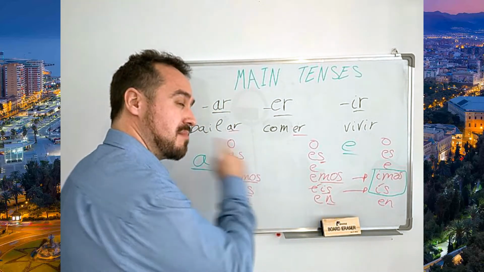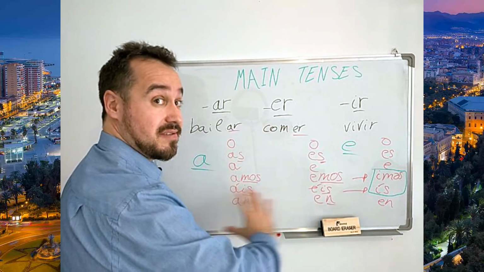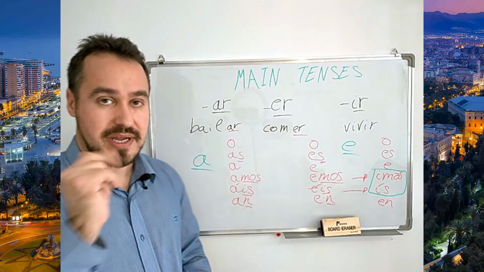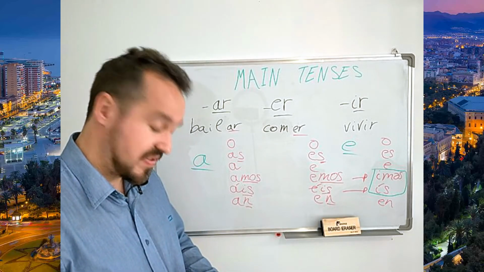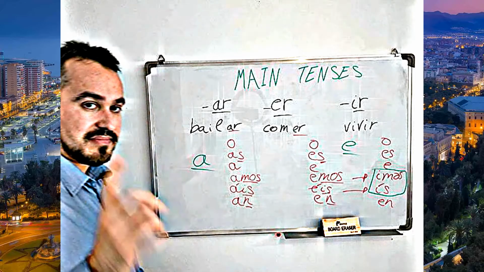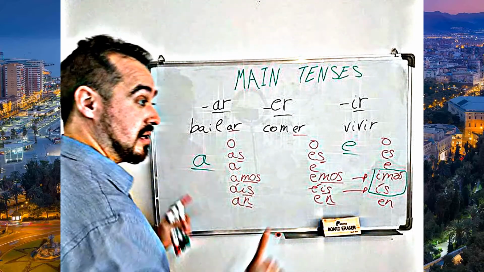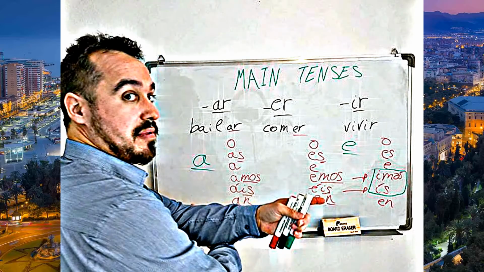So let me teach you how to change this. So remember, this is indicative. Now let's talk about subjunctive. Very simple. So subjunctive is gonna be the same as this, but you're gonna swap them.